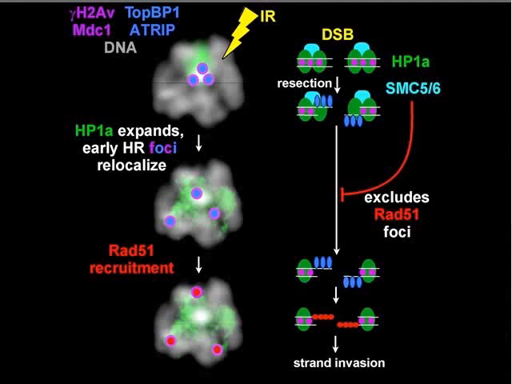However, what then happens is that between 20 to 40 minutes after radiation, you get movement of these double-strand breaks to outside the heterochromatin domain, and it's at this point that they've lost this block to Rad51 recruitment, and they can complete homologous recombination. So, and just finally, why are these dynamics and mechanisms important?